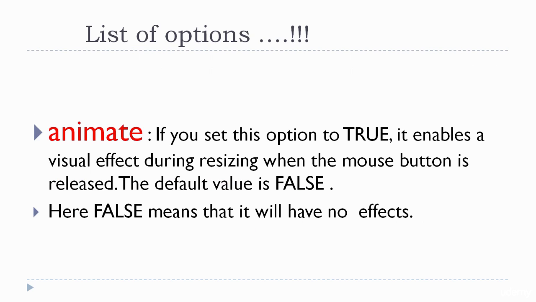Now here is the list of some options which we are going to implement in our programs for resizable. First, animate. If you set this option to true, it enables a visual effect during resizing when the mouse button is released. The default value is false, where false means it will have no effects. Animate is an option which can be used in resizable and which we are going to use in our coming programs.